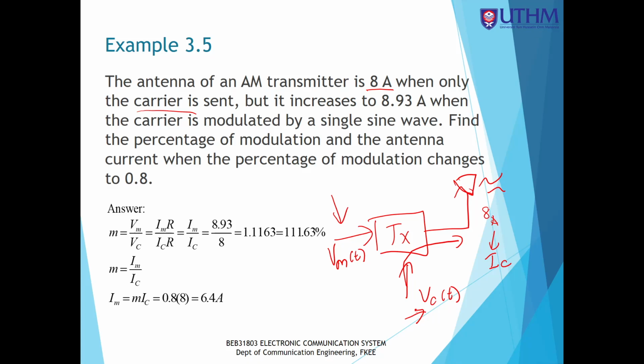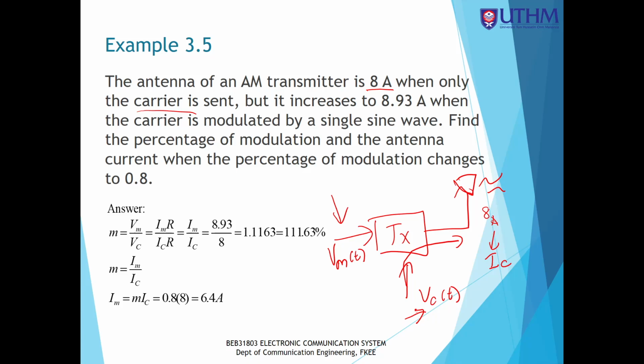So first, find the percent modulation. Okay, so this one you can use IC and also IT based on the previous one. Okay, you can use IT over IC. Okay, so modulation index is equal to IT divided by IC.